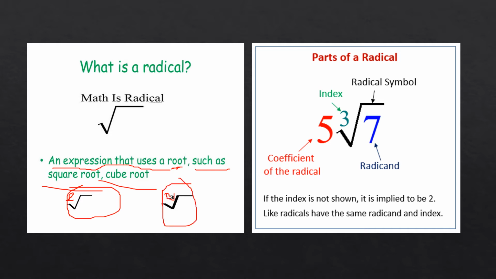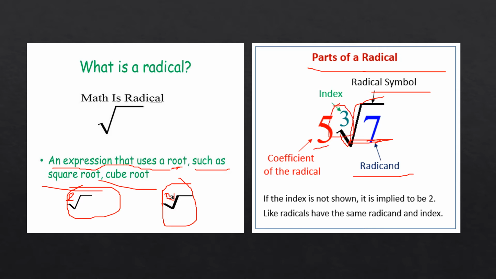And on the right side, we have the parts of a radical, okay? So here it is, the radical symbol. We call the number under the radical symbol the radicand, okay? Radicand. And also we have here the index, okay?